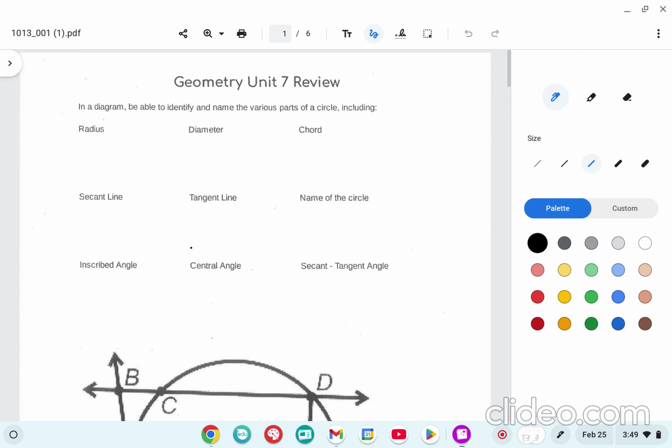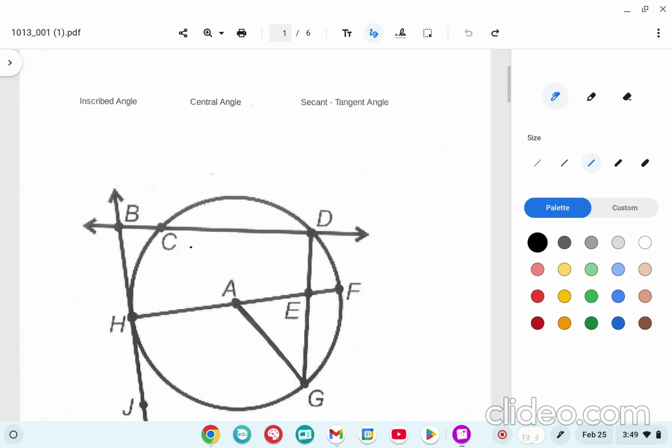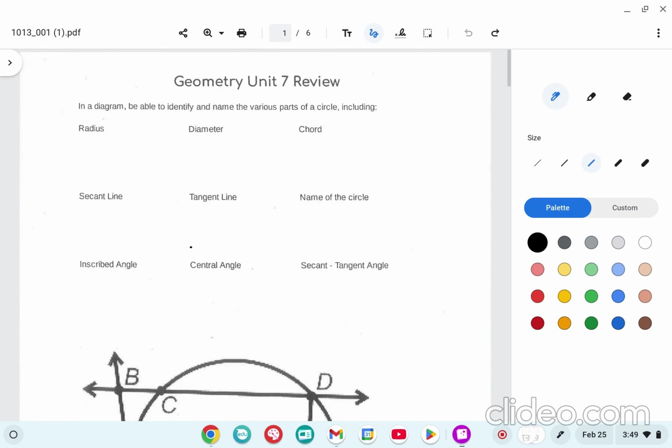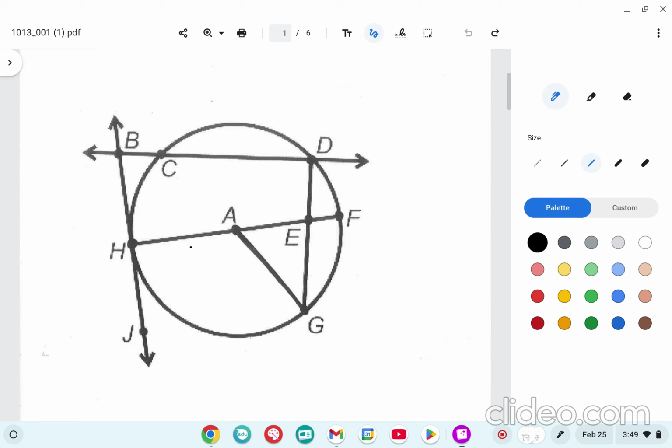So if we look at the first one, we'll be looking at the radius. The radius is going to be the line connecting the center of the circle with a point on the outside. If we look down at the diagram, we're going to see that A is the center of the circle, and the center of the circle is going to be connected to any of the following points.